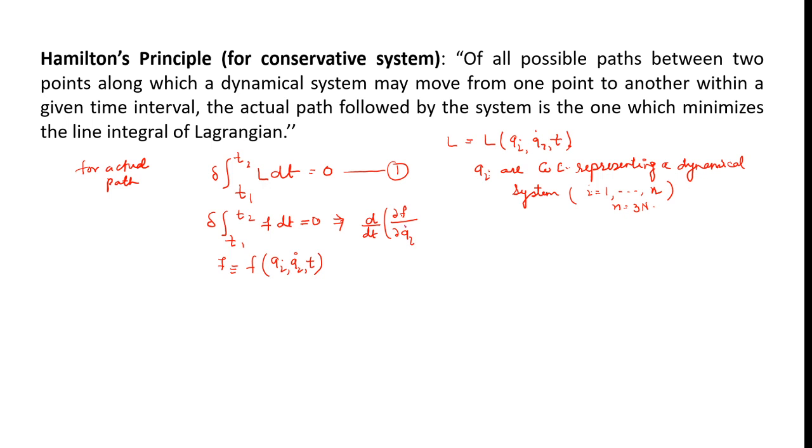Then d/dt of delta f by delta qi dot minus delta f by delta qi is equal to 0. Now, if it is a function of more than one variable, as it is here, then it depends upon the dependency of this function f how many relations we will have of the type 2.